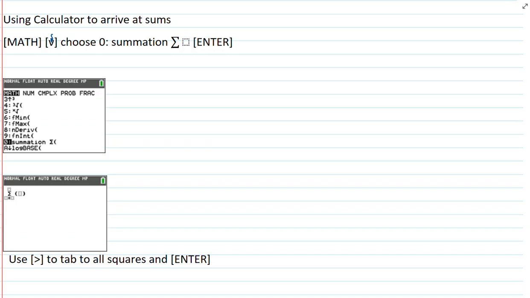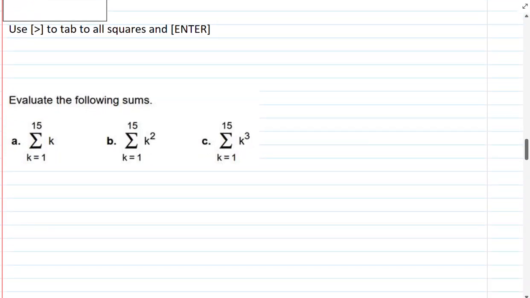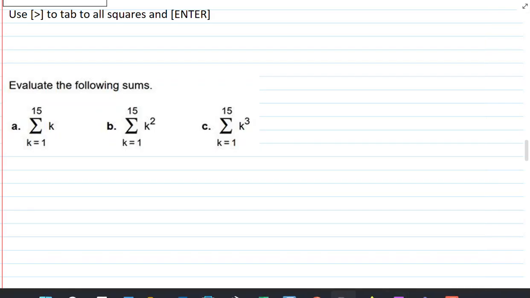So let's give it a shot. This is what you see. Does everybody find that on their calculator? All right, so we're going to give it a shot to see. I mean, these aren't hard or anything, but I mean, I made you buy something.